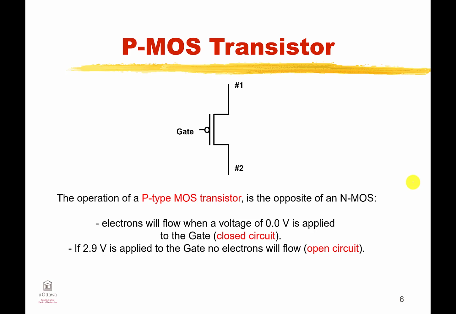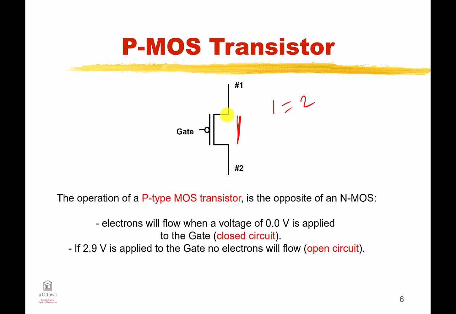In other words, electrons will flow when a voltage of 0 is applied to the gate, so the circuit will be closed like this. So 1 will be equal to 2. And if we apply a voltage of 2.9 and above, the gate will be open, no electrons will flow, so we'll have an open circuit. In other words, this line will not be conducting, or will not be shorted.